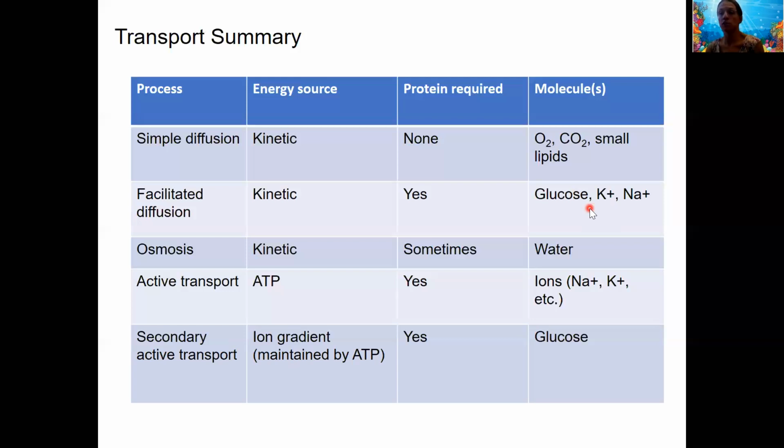Sodium doesn't always have a concentration gradient, but it can. This would be carrier molecules. This would be channels. Water, ions typically for active transport, secondary active transport, glucose, another example is amino acids as well. So things that sometimes would have to go against their concentration gradient and require a protein.